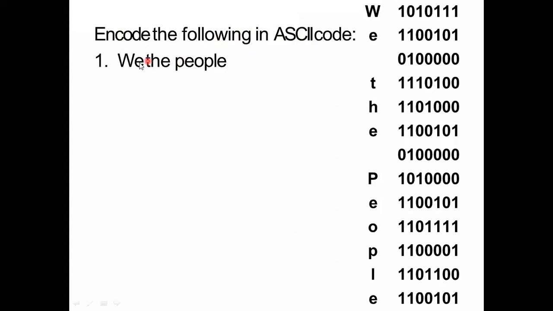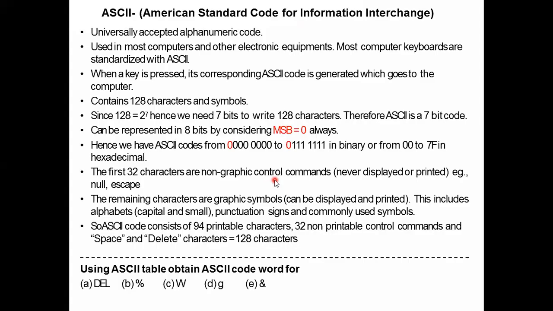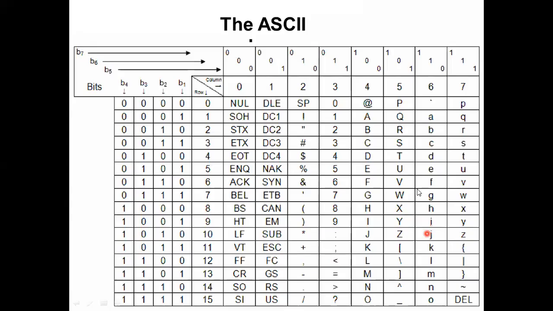Here some sentence will be there: We the people. Suppose you are taking this sentence, what is the equivalent ASCII code for this sentence? First, capital W is there. Capital W is here, 101 0111.